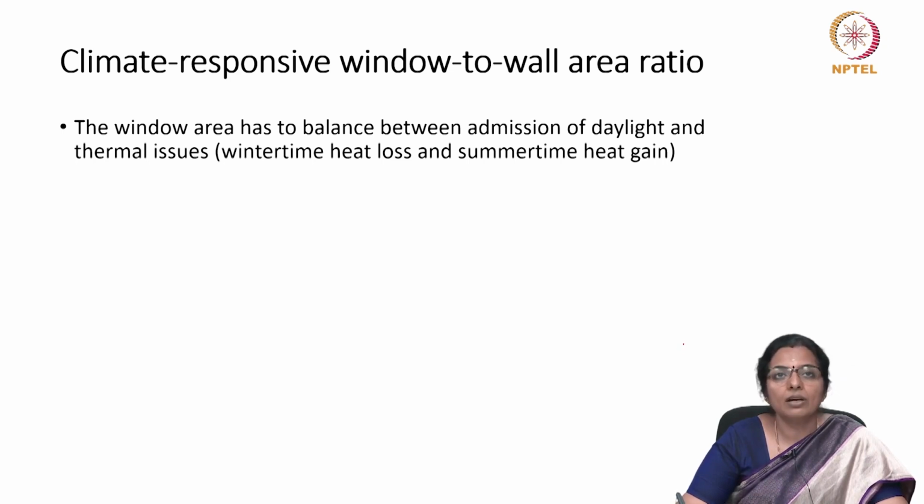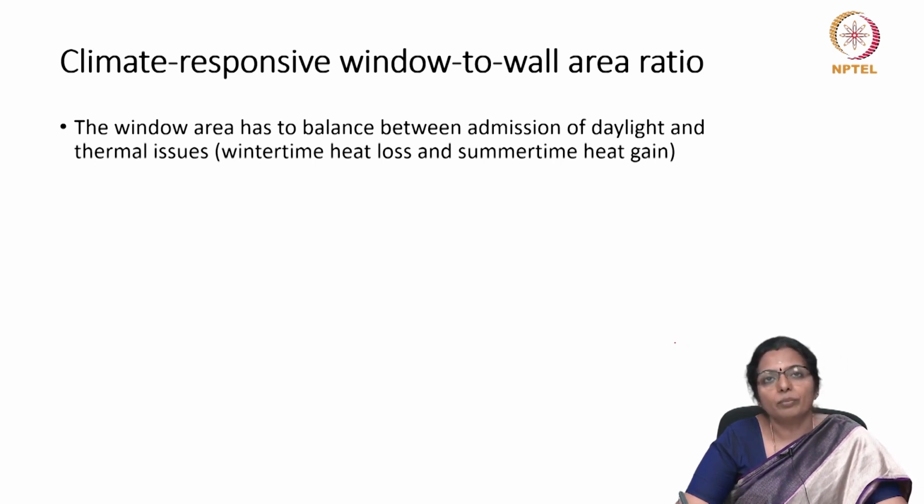So, we must have an optimal window to wall area ratio. Normally, a percentage of between say 30 to 40 is considered appropriate in the Indian context in a warm humid climate to have a good daylighting inside with optimized solar gain.